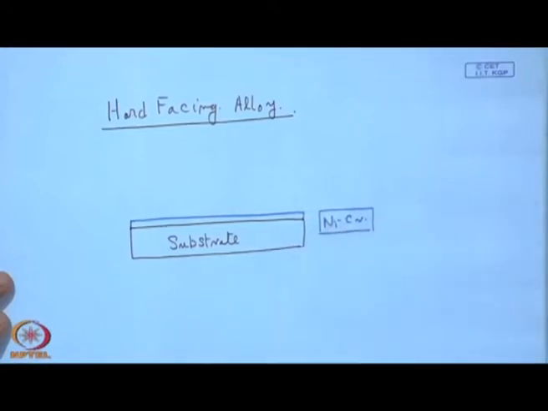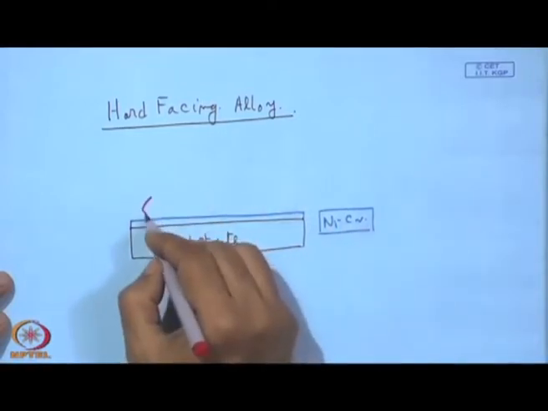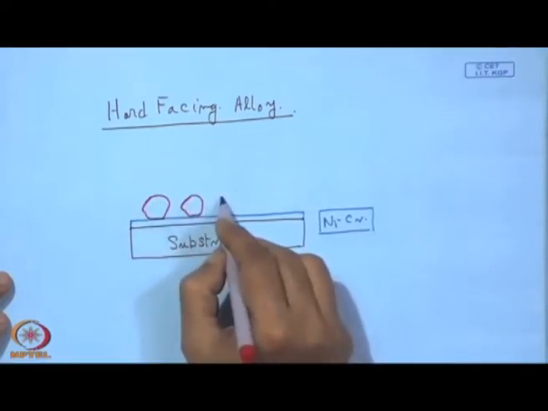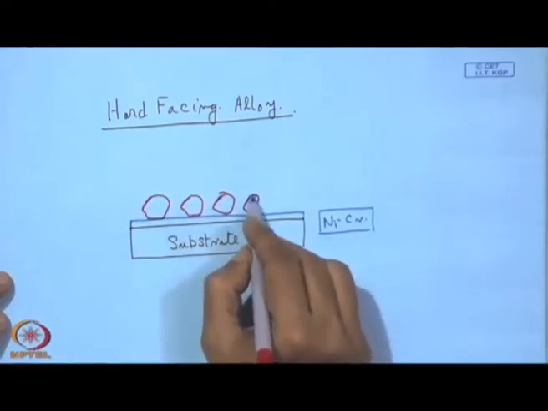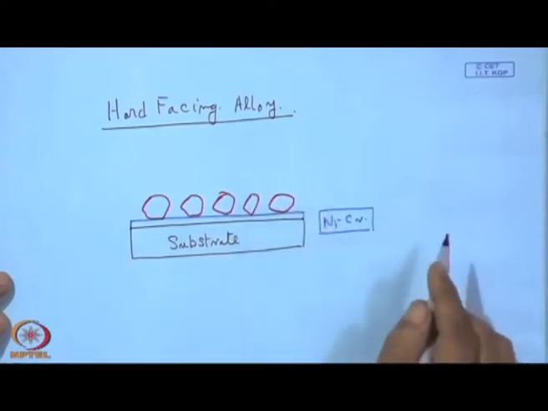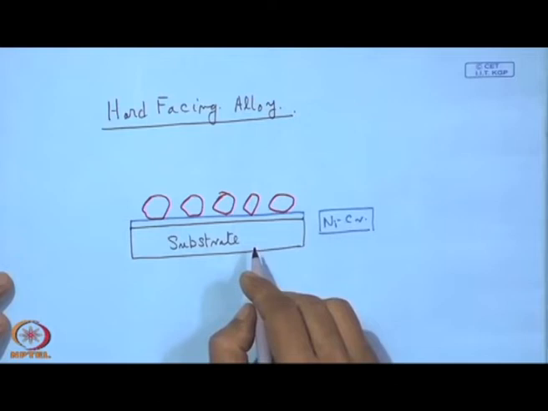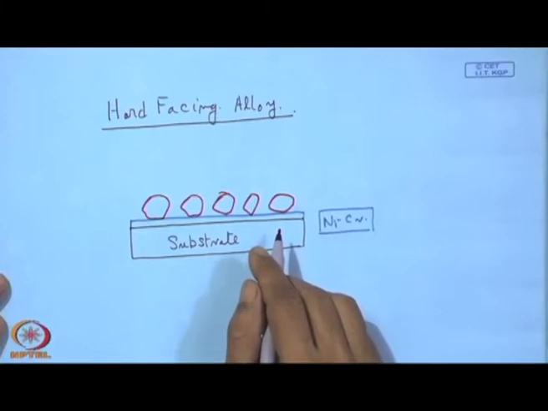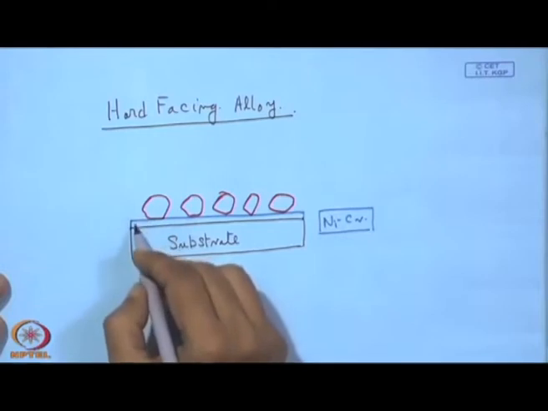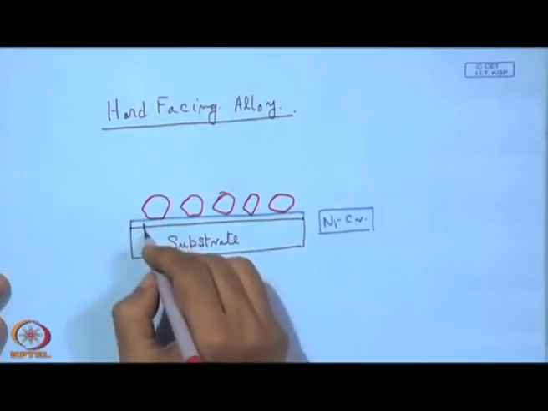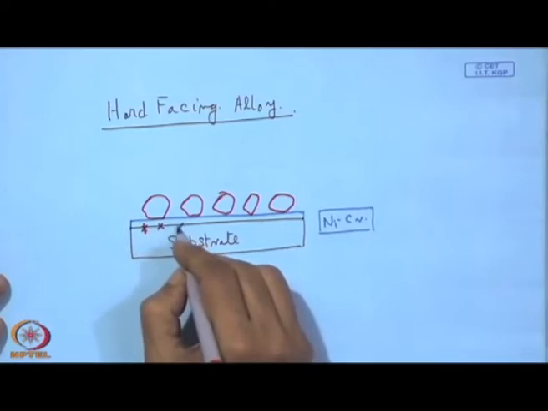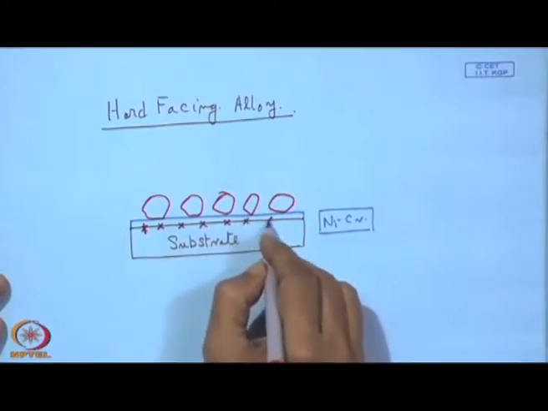Then over that we can place some diamond crystals of a required size, suitable for a particular application, and then the whole thing can be heated in a furnace in a controlled atmosphere, mostly high purity argon or hydrogen atmosphere, or even vacuum. What is going to happen at that point is that this material will melt and form a very good metallurgical bond with the substrate here.